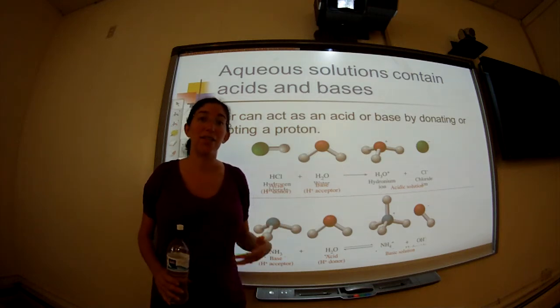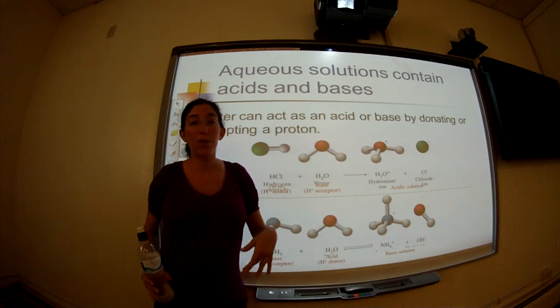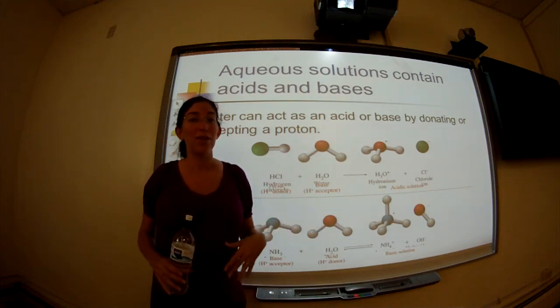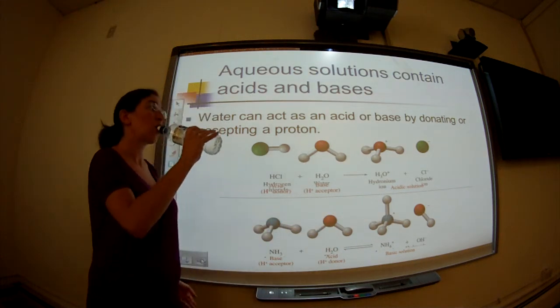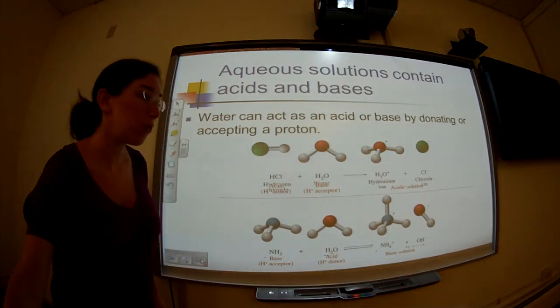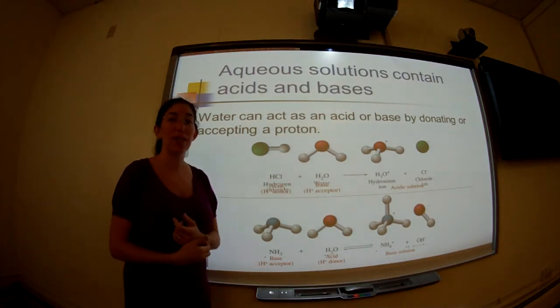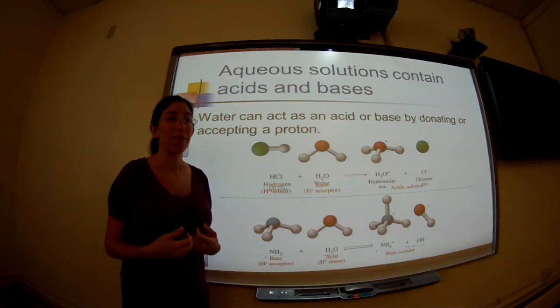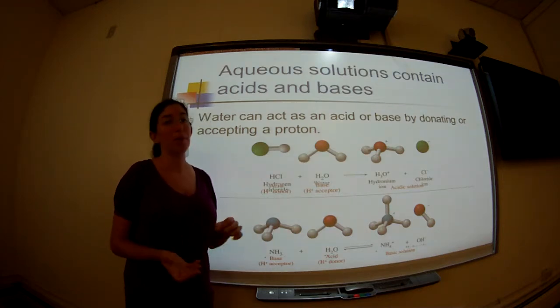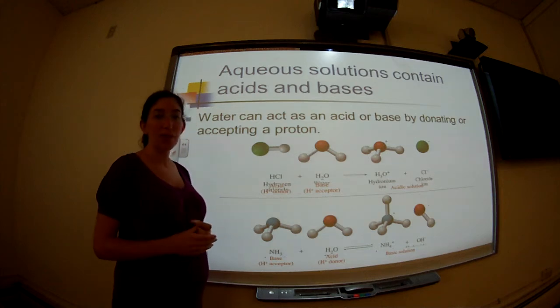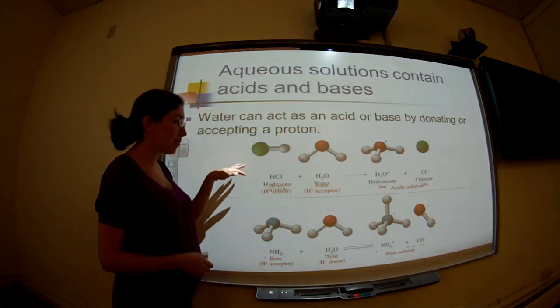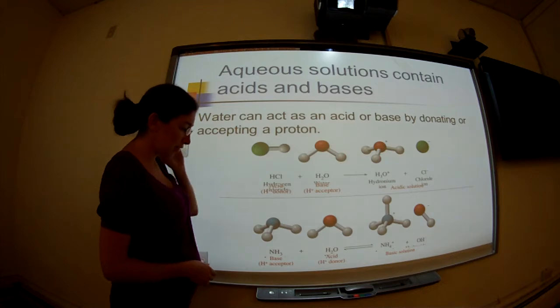It can act as either a proton donor or a proton acceptor, depending on what is added to the water. So water has this somewhat unique ability. There's a few other ions that can act as both an acid or a base, but water is very versatile in that way.